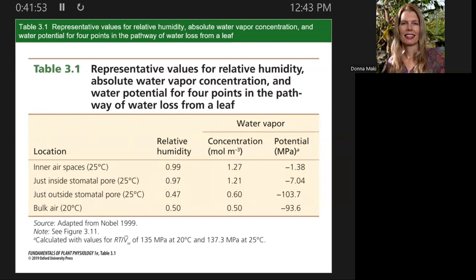It's going from less negative inside the leaf to more negative water potential outside the leaf. So you're still following the laws of water potential gradients, where we know water moves from less negative water potential to more negative water potential. So that's still a thing.